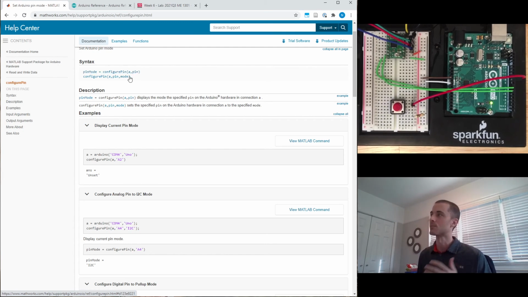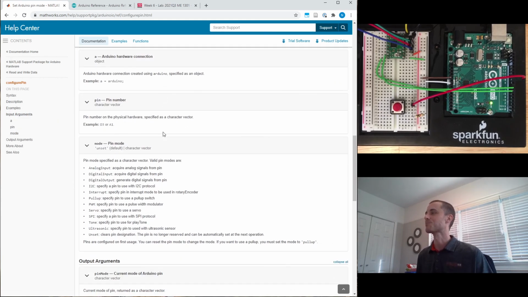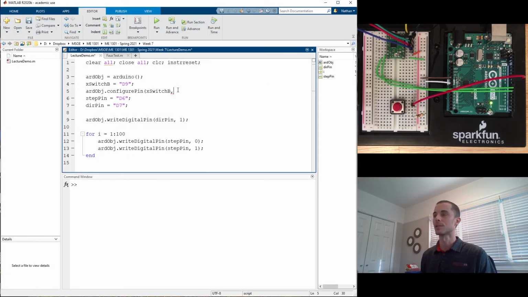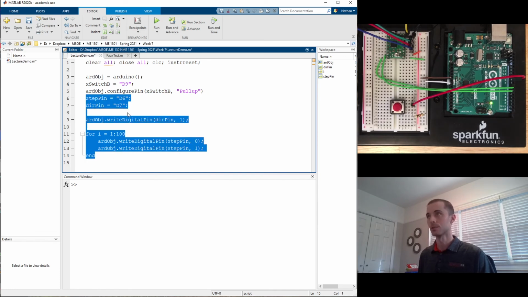We're not going to use that because the only time we're going to change it from the default is right now for this particular setup. And if we go down and look at the different pin modes, the one we want is pull up. So we're going to copy that and go over here, and our last argument is going to be a string. We're going to say pull up. And let's make sure that part works real quick.